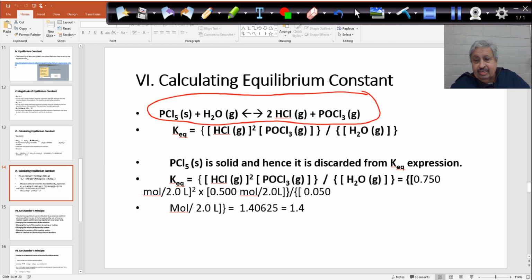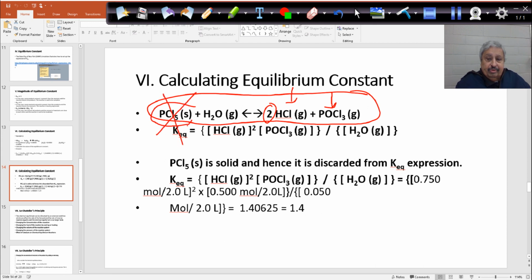We said products over the reactants. Those are the products, and this is the power 2 exponent. The number of moles will be the exponent 2, correct? Now, this is a solid. You have to watch. This is solid, so you don't consider it in the K equilibrium.